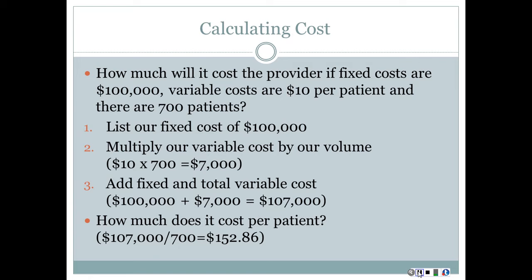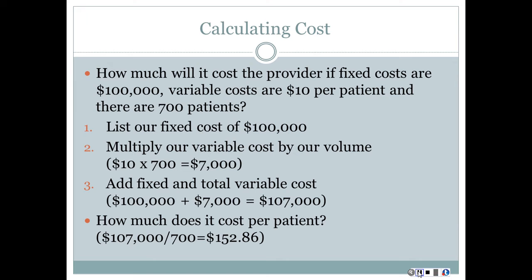We then multiply our variable cost, $10, by our volume, 700 patients, and we come up with $7,000 in variable costs. We add those two together, and we see that our costs for supplying services to these 700 patients is $107,000.